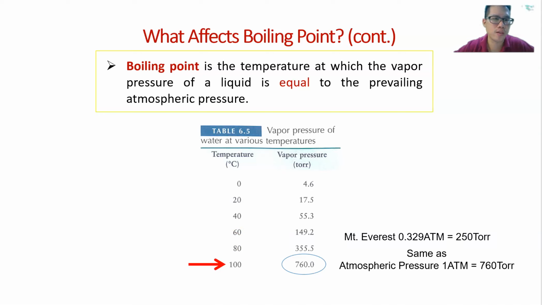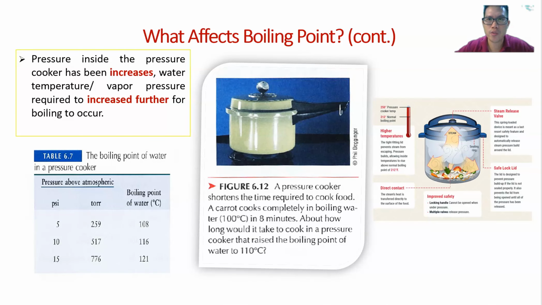Alright. If you want to suppress the boiling, or don't want the water to boil that fast, you can actually use a pressure cooker. A pressure cooker traps the steam in and increases the pressure inside. When the pressure inside increases, what happens? You cannot boil as easily.